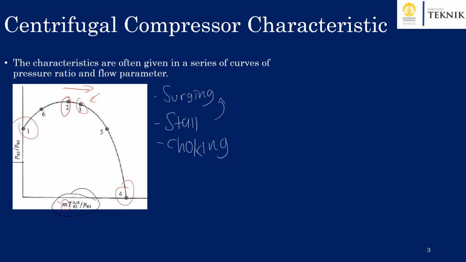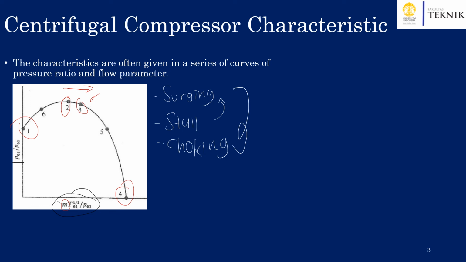So these three phenomena, surging, stall, and choking, inform us that there are certain limits on the mass flow rate in a compressor beyond which the flow becomes unstable.